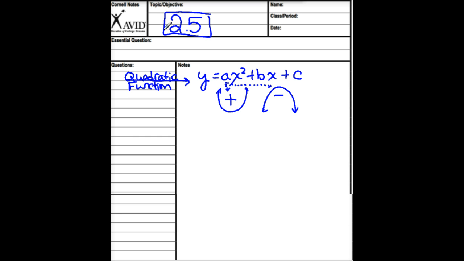And in order to find that axis of symmetry that splits it into two equal pieces, we use the formula x is equal to the opposite of b over twice a. And that's what we've been working on up until today. So that's just a kind of a little review.